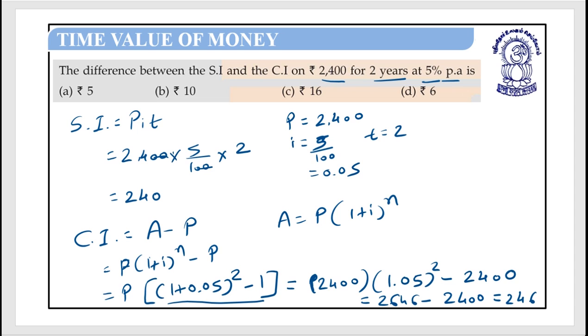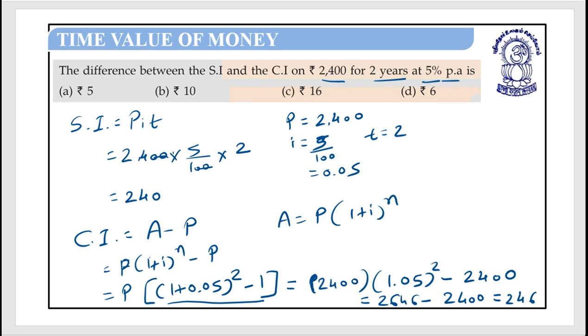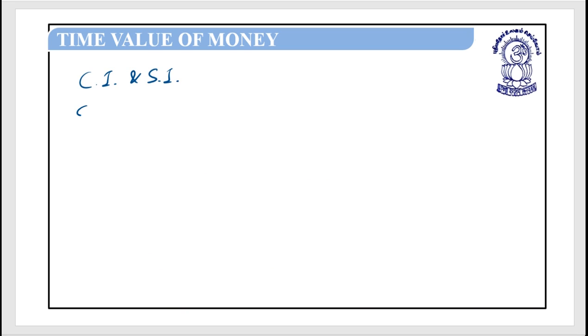Now take the difference between compound interest and simple interest. Compound interest is equal to 246 and simple interest is equal to 240.